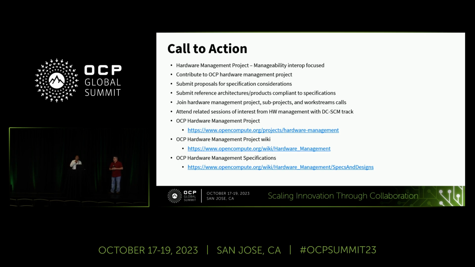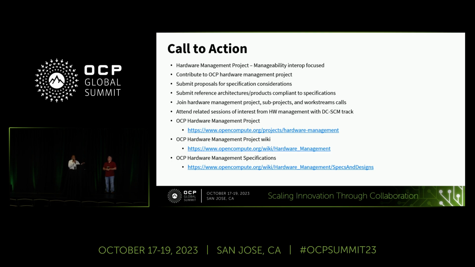Okay, so just to summarize, Jeff, I think we had this because we didn't have separate sessions, so it was good to get that intro included in this talk. But as you can see, we have all these projects, sub-projects, and work streams within hardware management. Its scope has expanded significantly. We have two different kinds of profile, as Jeff was mentioning. Redfish-based profiles, where you can start with the baseline and create new ones.